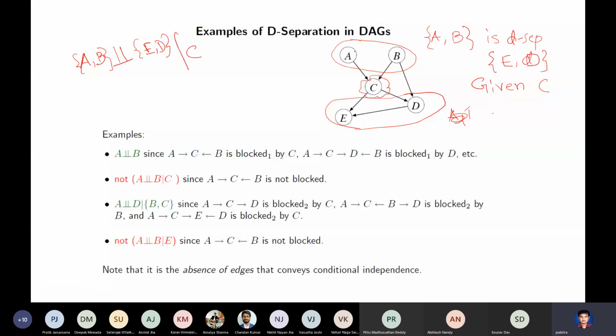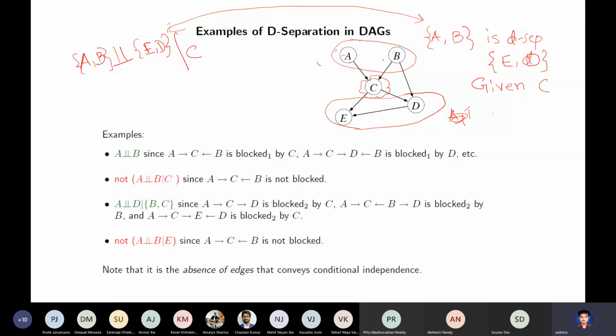All right, so these two are equivalent. If you can find this kind of graph property, you can establish this kind of conditional independence property. Now let's see how I establish these graph properties.